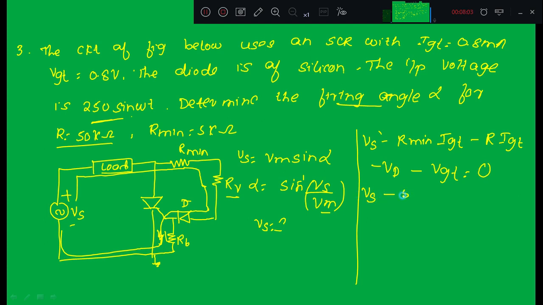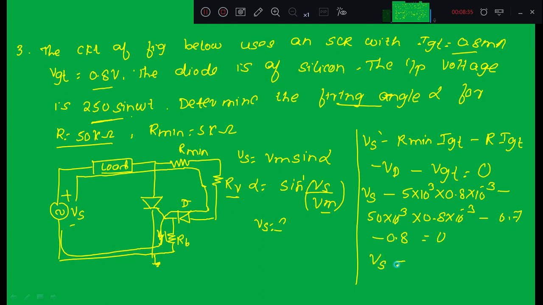R minimum is 5k, IGT is given in the question as 0.8 milli, minus then R minimum is 5k and R is 50k into IGT is 0.8 milli, minus 0.7 volt for silicon, minus Vgt, given in the question as 0.8 volts, equal to 0.